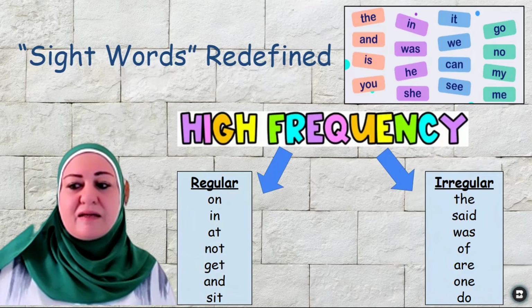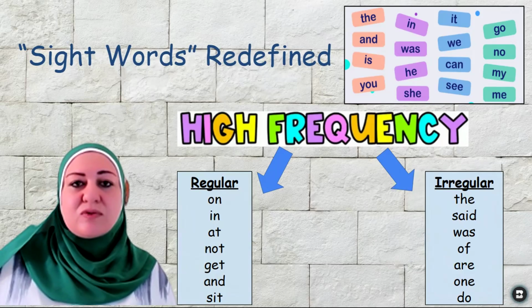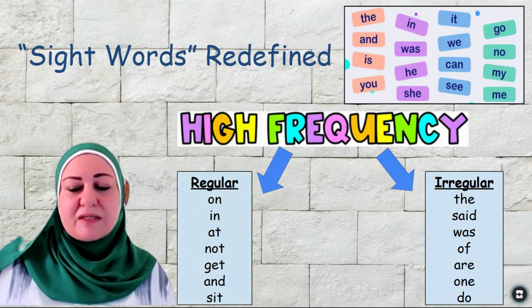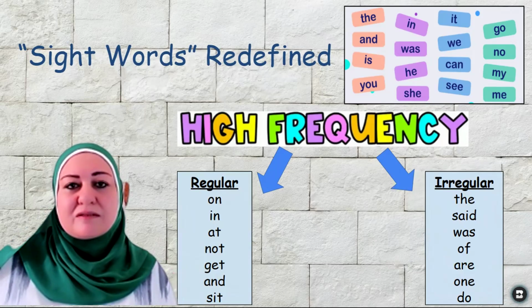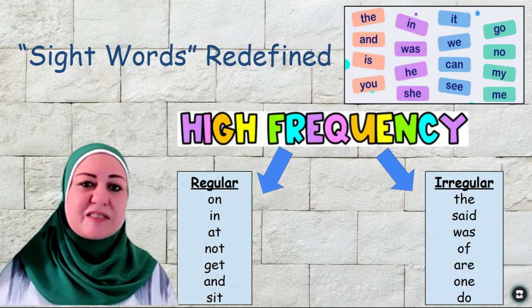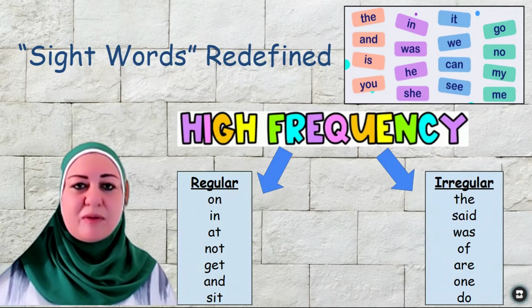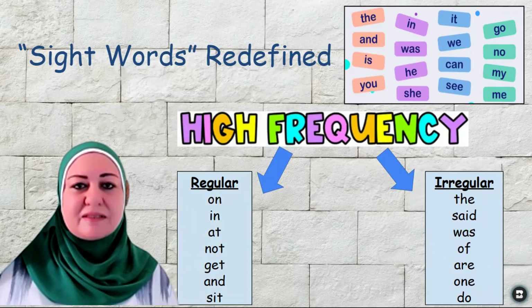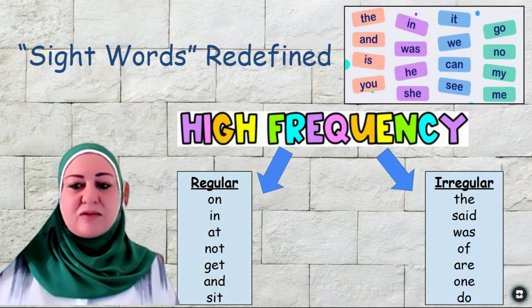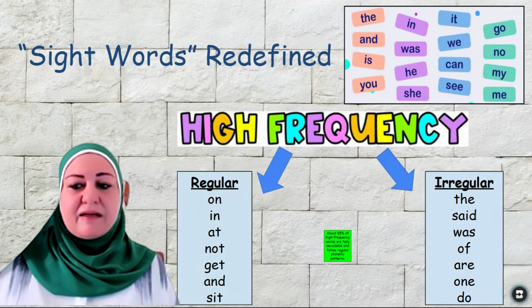So said and was, okay? Those are irregular words where we teach them only the irregular part of the word. That's the part we expect them to know by heart and memorize, but the rest of the word can be decoded easily, okay? So we're going to look at that.